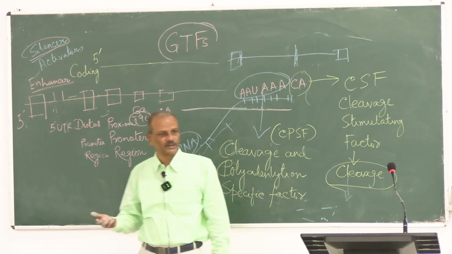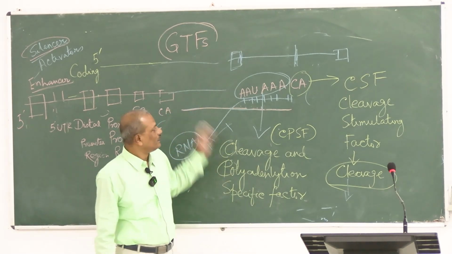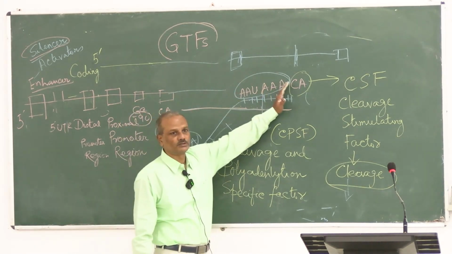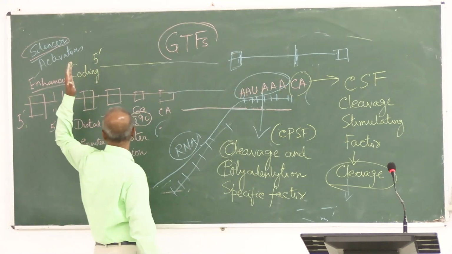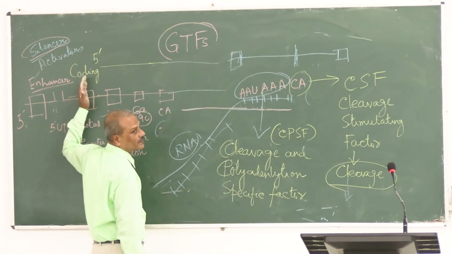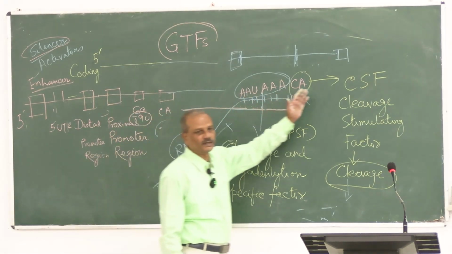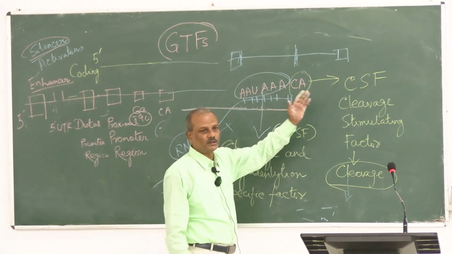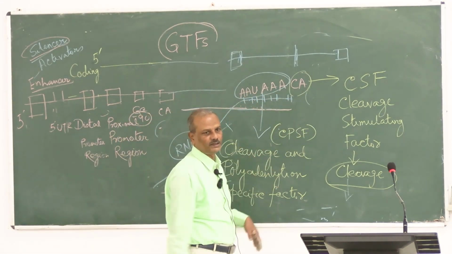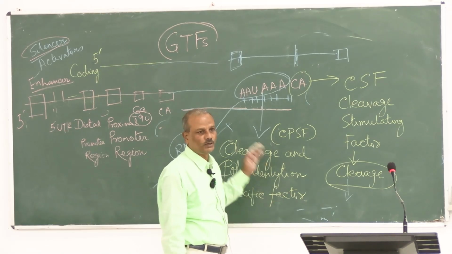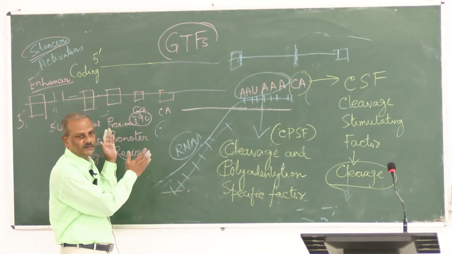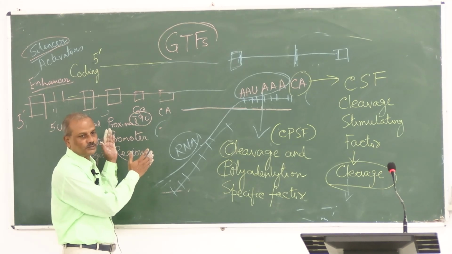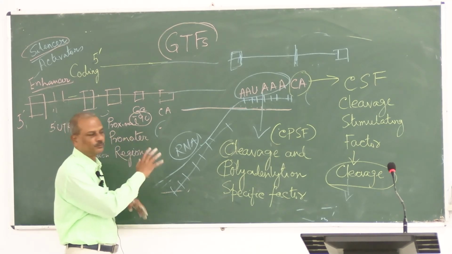There will be activators which will activate. These can be located downstream also. As I have shown in the initial picture, this enhancer may be present on the 5' flanking region or the 3' flanking region, because that also acts as a regulatory part. So regulatory regions are beyond the promoter binding regions, and that basically regulates the entire process.